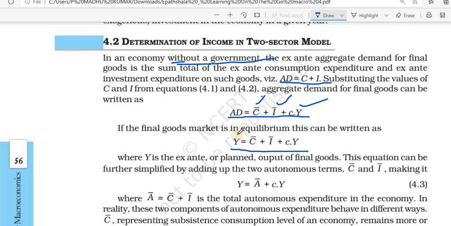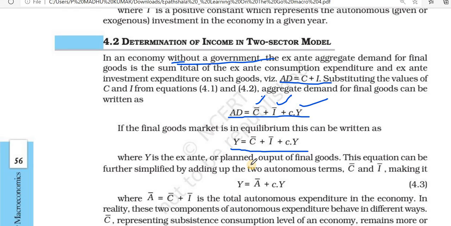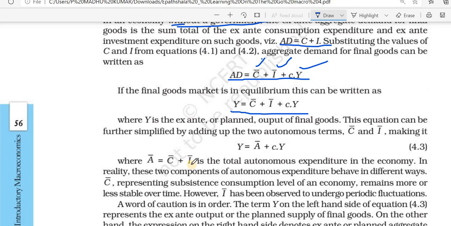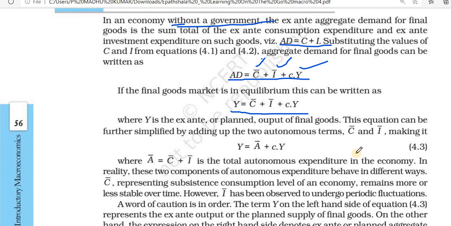Here Y is equal to ex ante. Ex ante means planned output of final goods, and this equation we can simplify as income equal to autonomous consumption plus autonomous investment. It is the total autonomous expenditure in the economy.